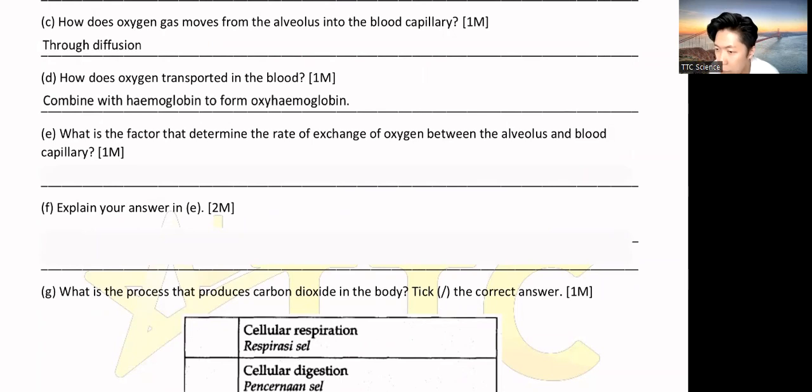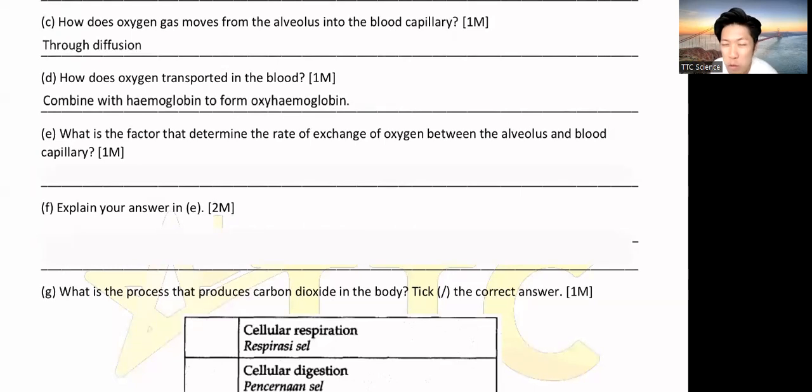For a 1/2 mark question, do we have to write a full sentence for the answer? The mark does not come from full sentence or not full sentence, right? The mark comes from whether your points, your keywords, are there or not. So whether you form a full sentence or not doesn't really matter, but make sure your sentences are understandable.